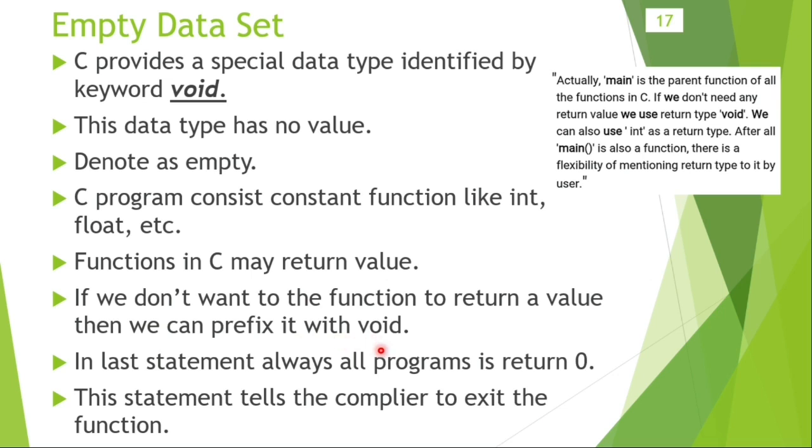So what will we write? Void main. Okay, in the last statement, all programs have return 0 written. So we can write it or not, it doesn't impact the program. This statement tells the compiler to exit the function. What it says, return 0, it tells the compiler that now you close the program.